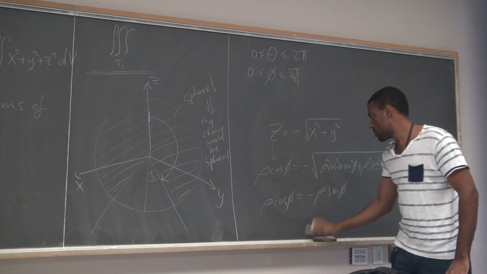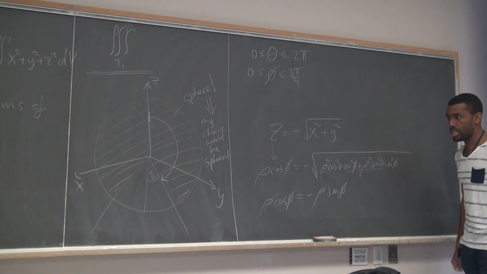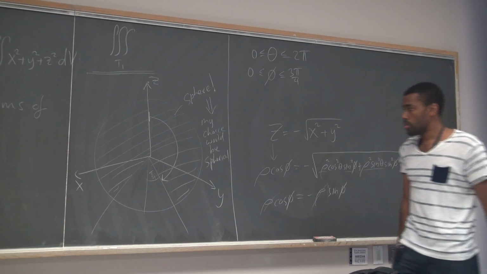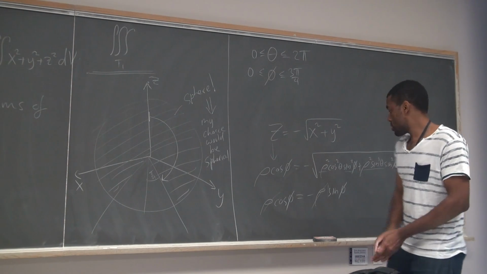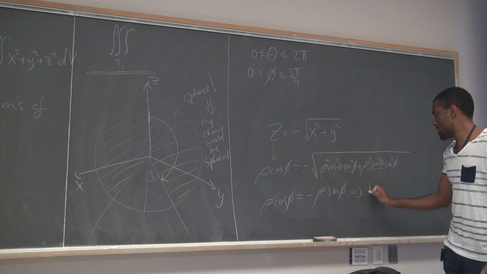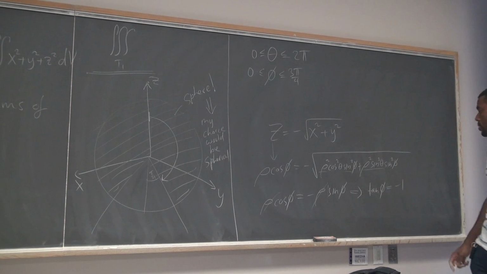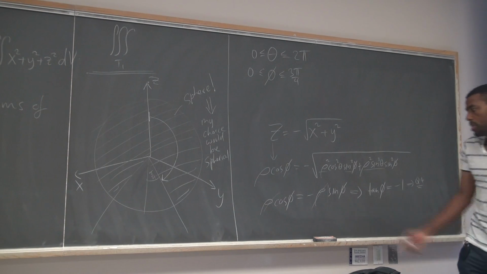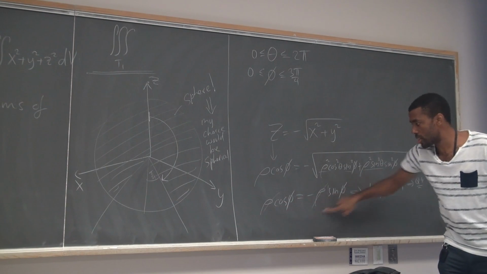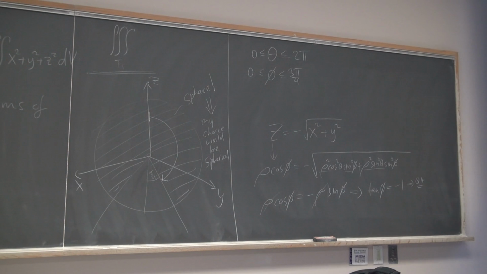You cancel. So you basically want where tangent is -1. So tangent of phi is -1, which means you know this is in Q4. Would it be cotangent? It depends on who you divide by whom. I brought the cosine over here, and that's what I used.